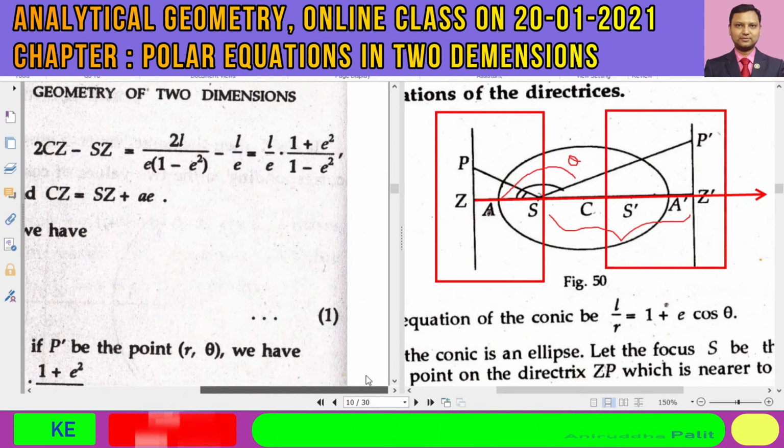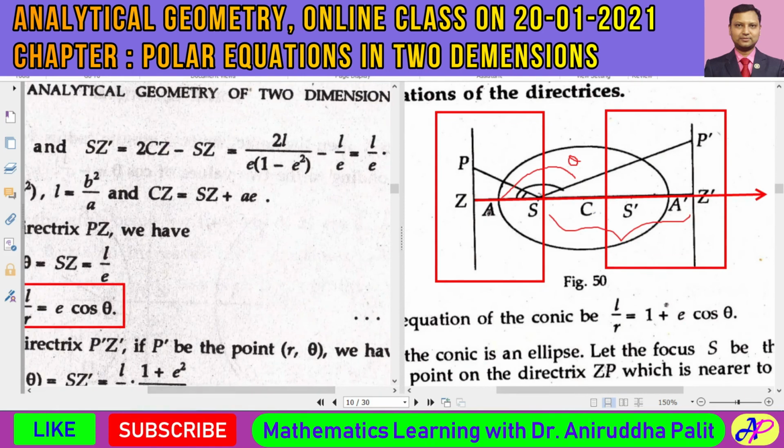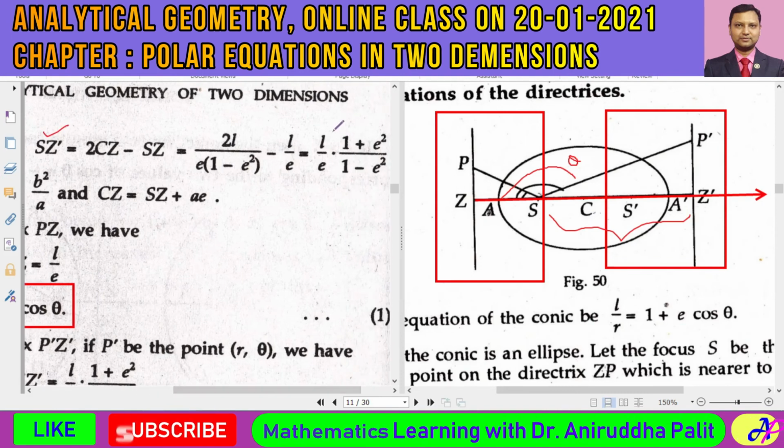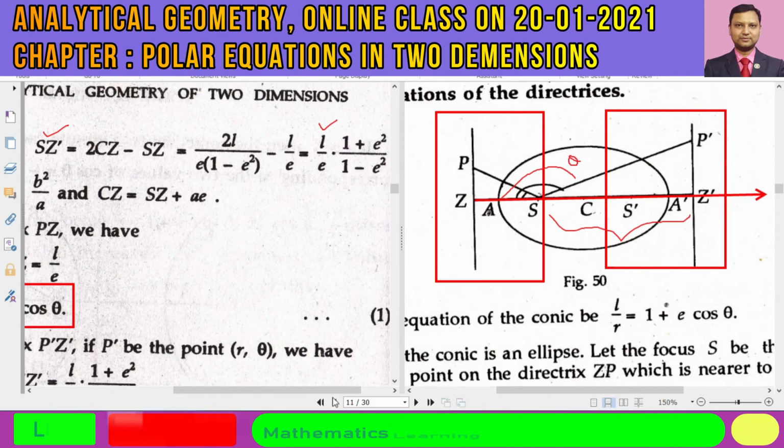That would be the expression: this much distance, SZ prime, would be equal to L by E into 1 plus E square divided by 1 minus E square.